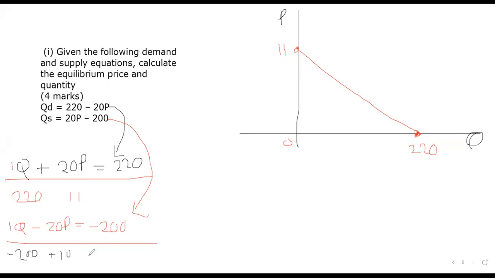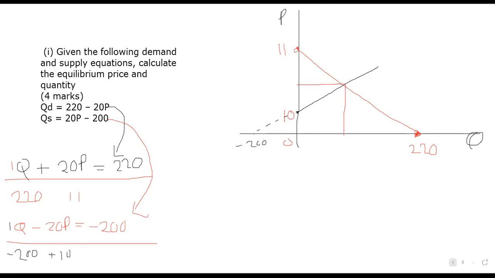So it will cut the P at positive 10, and it's coming from the negative side. Although we don't consider the negatives, just for the sake of plotting, we're interested in this part here, which is our 10. And we calculated the equilibrium price and quantity.